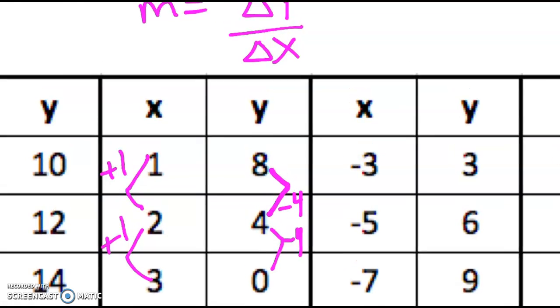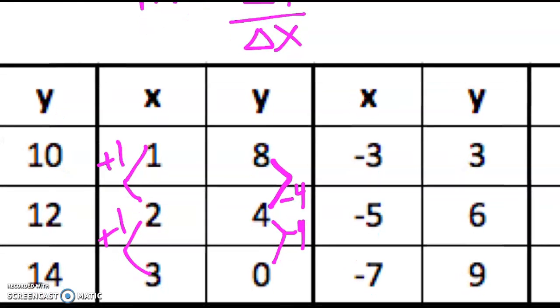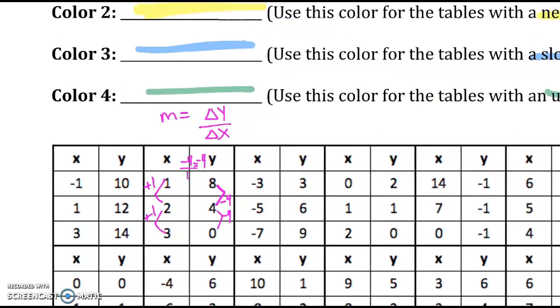I'm going to write this somewhere in the table here. So I know my change in y is negative 4, and my change in x is 1, so negative 4 over 1, which simplifies to negative 4. So I have a negative slope. I'm going to go up and see what color I chose for my negative slopes.